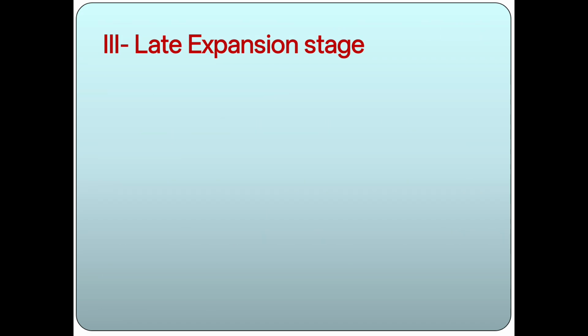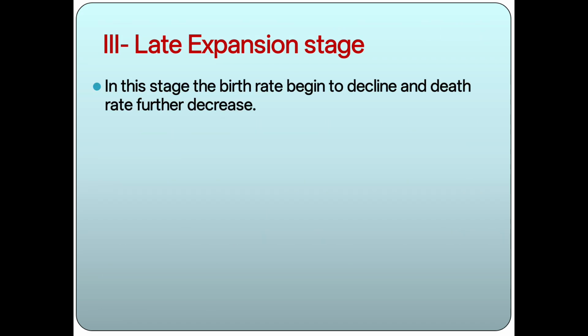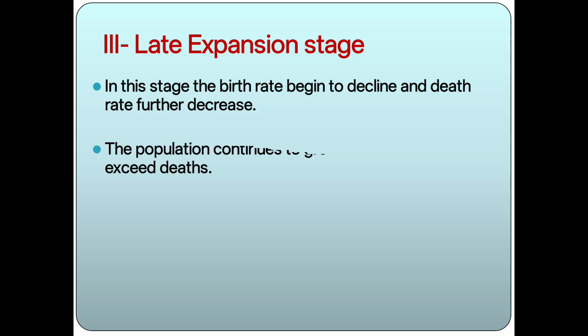So third stage, late expansion stage. So you know about expansion. In this stage, birth rate begins to decline and death rate further decreases. So population continues to grow because birth exceeds death.